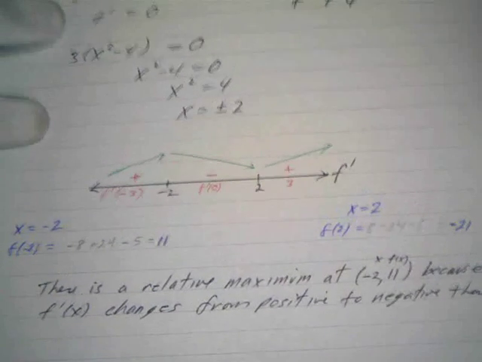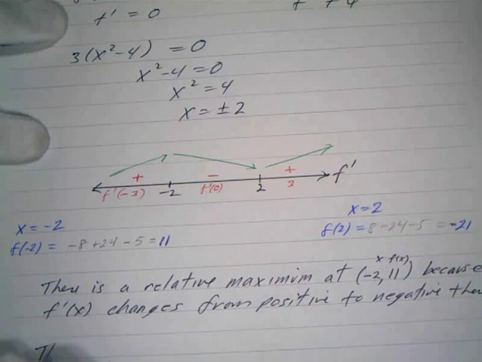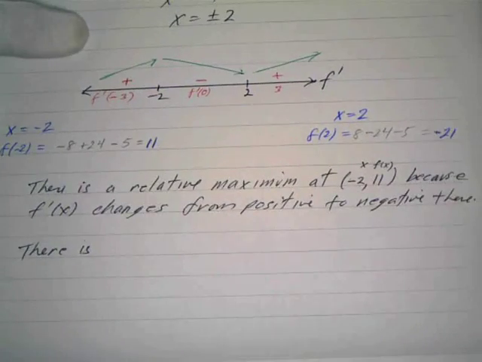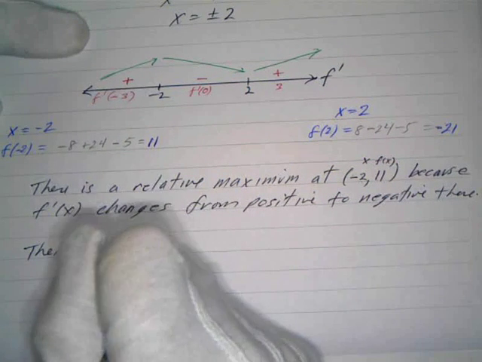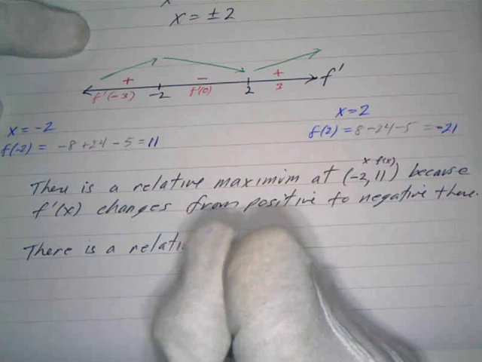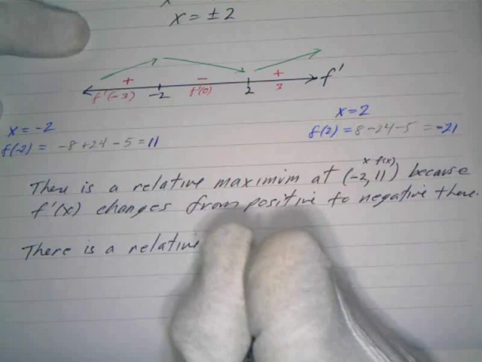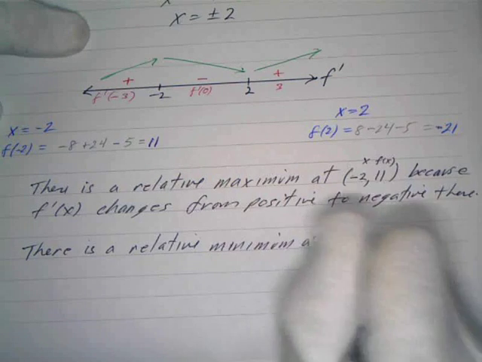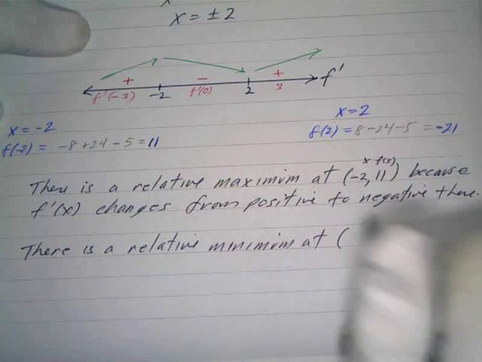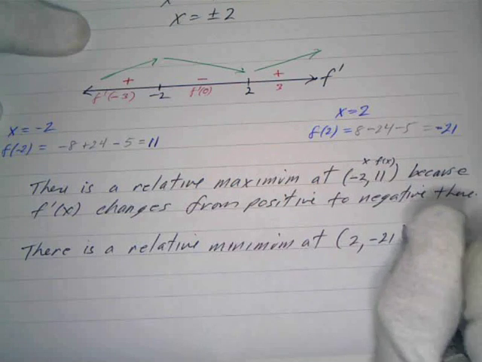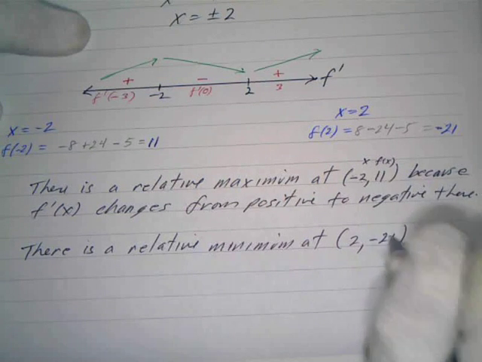Okay, so we can say over here there is a relative minimum at my point, and my point would be (2, -21), and again this is the x and this is the value.